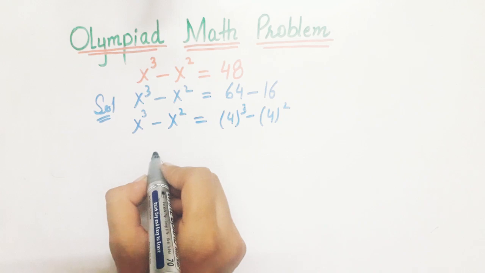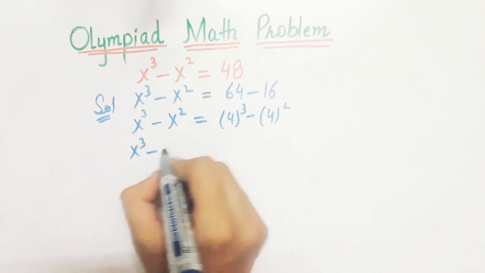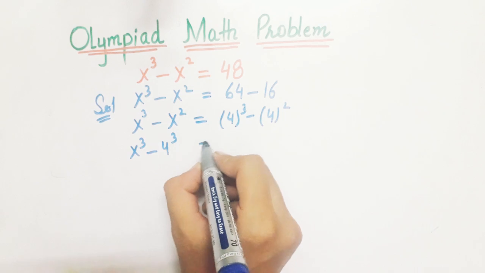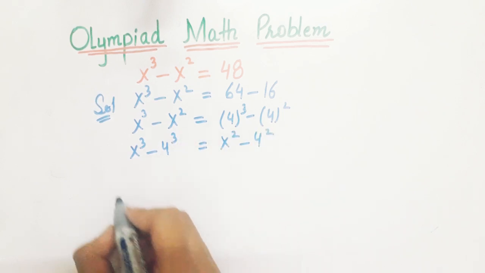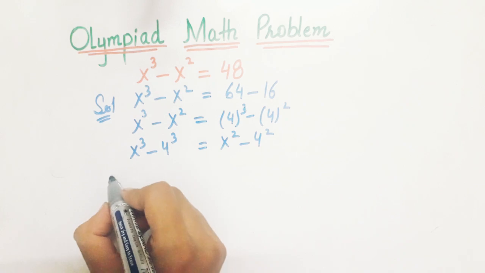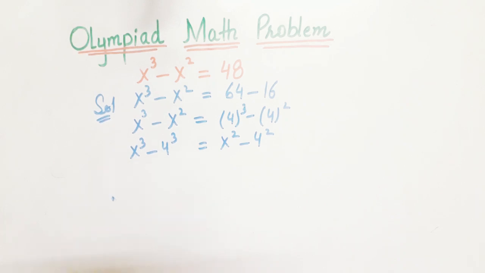Now in the next step we will write this as x cube minus 4 cube, and here we have x square minus 4 square.